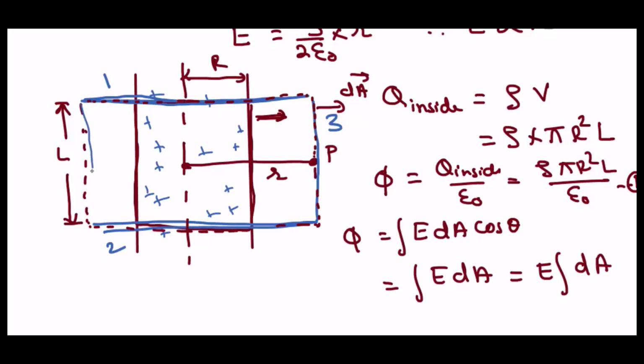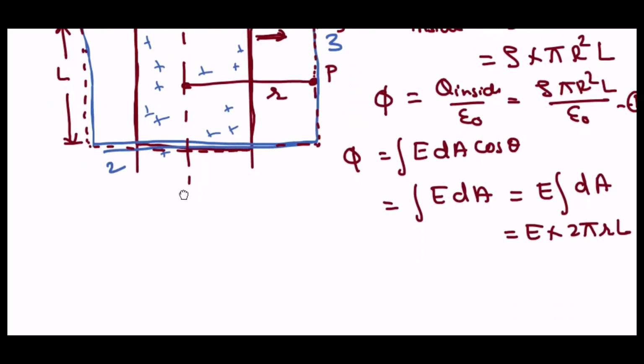So the curved surface of this cylinder I have to find out. Curved surface is given by 2 pi rL. So this will be E into 2 pi rL. Please note that here it is small r, because we are talking of the area of the Gaussian cylinder whose radius is r.